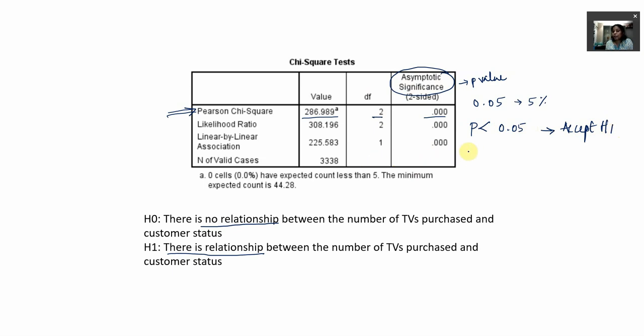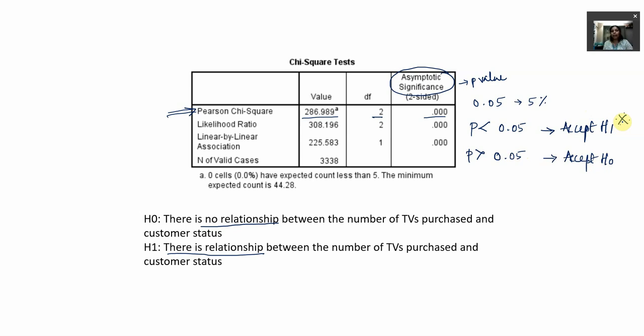If your p-value is greater than 0.05, then you will accept your null hypothesis, which we do not want. So our main motive is to always accept our alternate hypothesis, because that is the one that we are trying to prove. So your p-value should be less than 0.05.